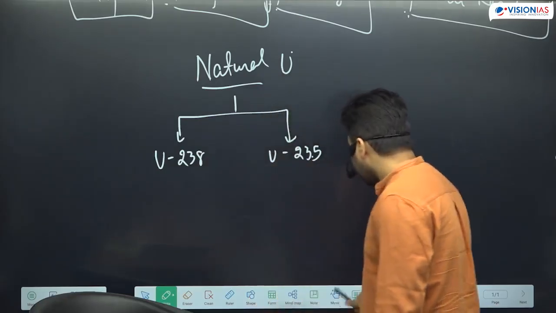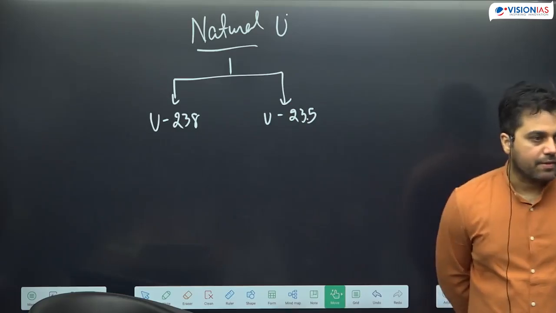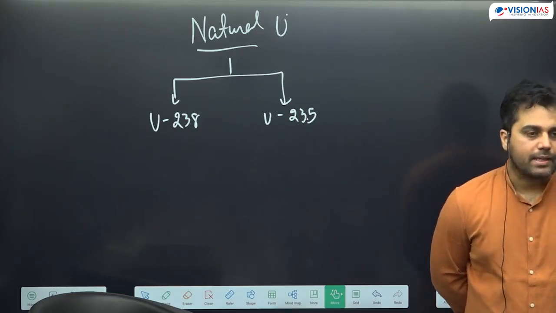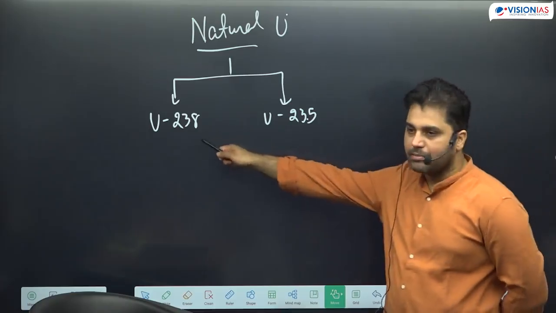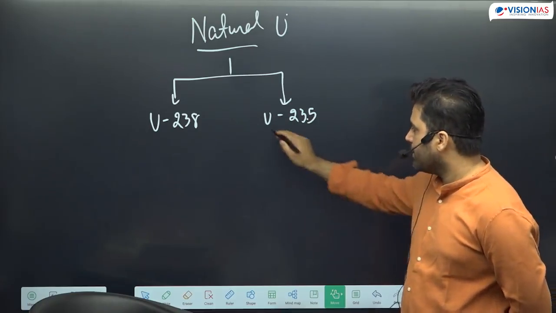Now I gave you a list of fissile materials which can undergo fission easily, but I did not mention uranium-238 there because uranium-238 is not a good fissile material. Uranium-235 is, and it is found naturally.